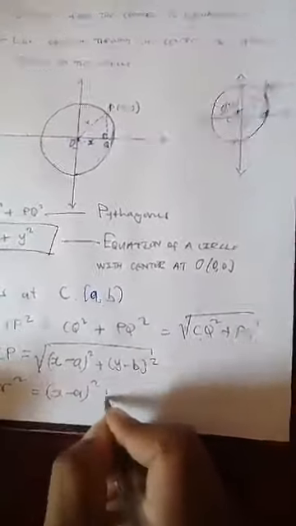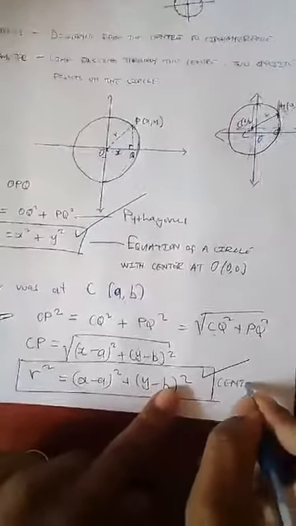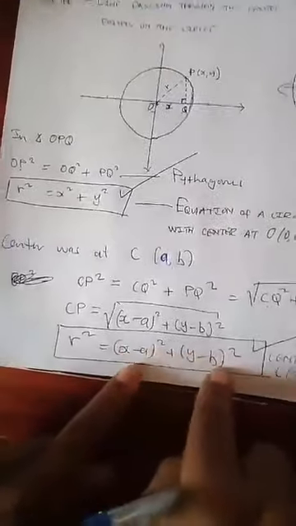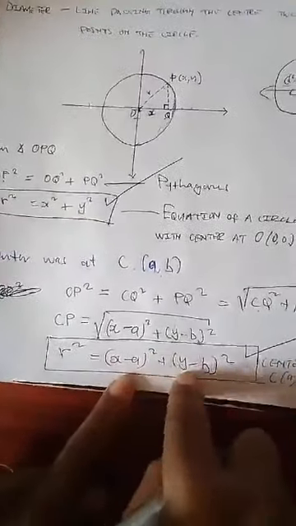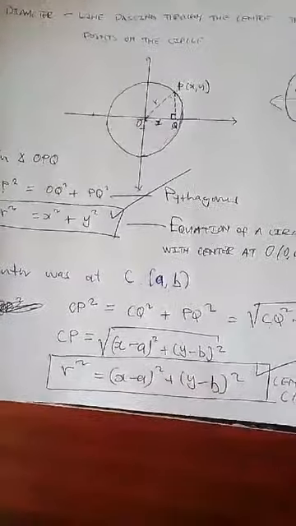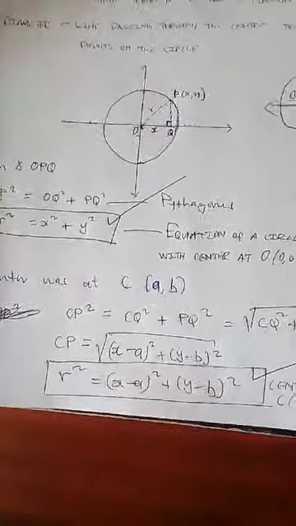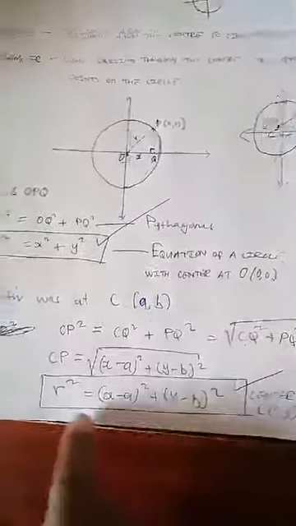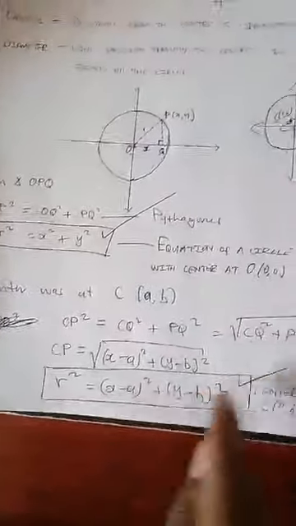The difference is that here the center, so maybe I should say center C at A, B. Here the center is at A, B. So in this expression, if you always get something like X minus a number, Y minus a number, you must know that those are the coordinates of the center.